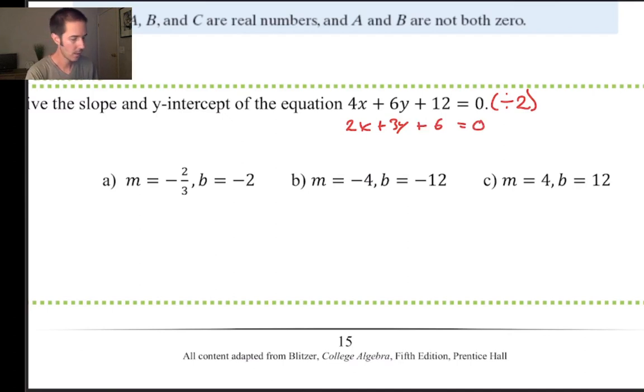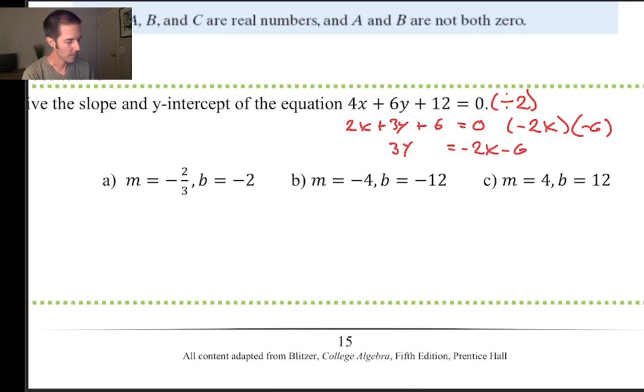And then let's start moving everything except for the y term over to the other side of the equation. Let's subtract 2x from both sides, and let's subtract 6 from both sides. That leaves the 3y right where it was, and it equals negative 2x minus 6.